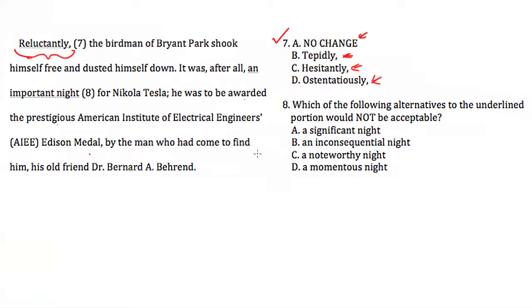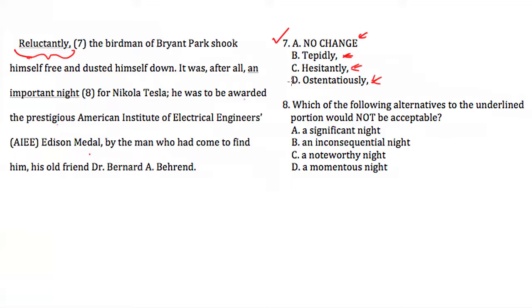Now tepidly also kind of means reluctantly. It's without enthusiasm or warmth, might be a better word. Hesitantly means he's doing it, but he's hesitating. And ostentatiously means he's doing it with a lot of grandeur. Well, his only audience is the birds and this other gentleman that accompanies him.